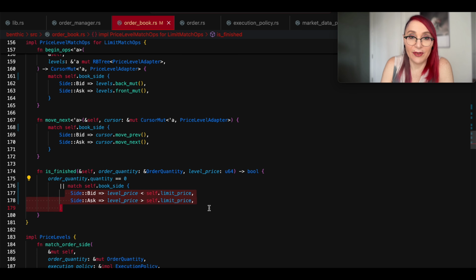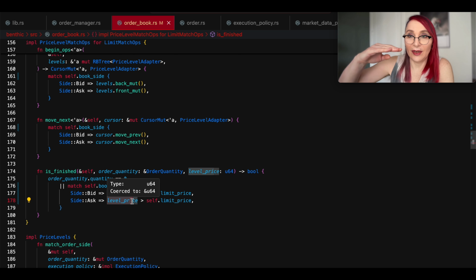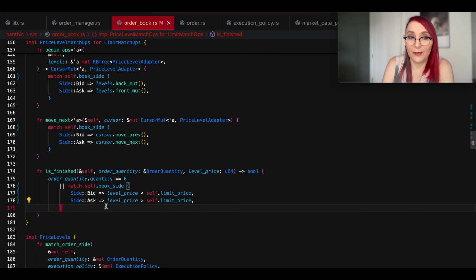But also, if we reach the price limit, so if we're on the bid side, we're going lower, lower, lower, and if price is lower than our limit, we don't want to go further down, right? So if level price is below the limit price, we stop. And for the ask, it is opposite. So we go higher and higher and higher, and if the price is higher than our limit, we want to stop, right? So this is our match ops.